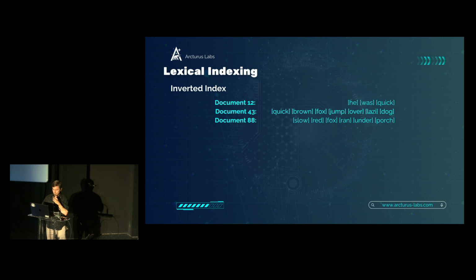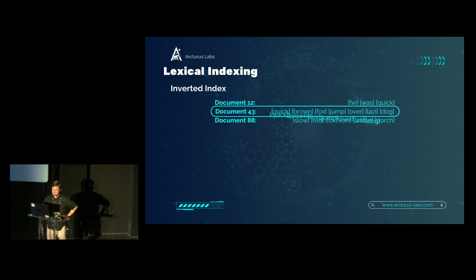But part of what makes lexical search a really efficient algorithm is the way that we actually do the indexing. Let's assume that we've got our document we just looked at. It's already been tokenized. In order to make lexical search fast, we invert this relationship. For document 12, we have these 3 tokens. For document 43, we have all those tokens.